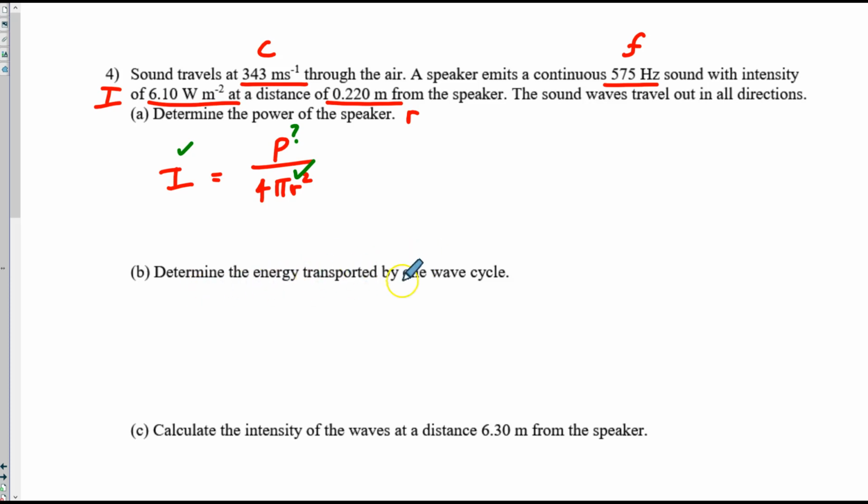Determine the energy transported by one cycle. Again, we know the frequency, which is related to one cycle. After all, the time it takes to complete one cycle is 1 over the frequency.